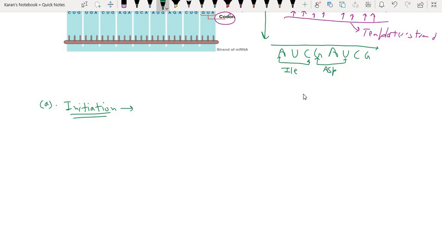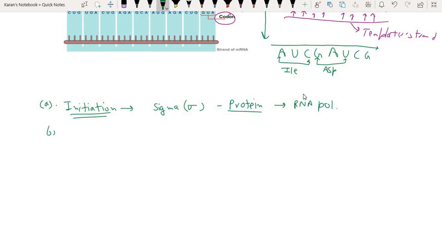I told you earlier that there are transcription factors, so I will name them. One is the sigma factor. This sigma factor is the initiation factor, and you can call it a protein, because these factors are basically proteins. This protein is required for RNA synthesis because it will bind to RNA polymerase, and it will help in the initiation of the transcription.